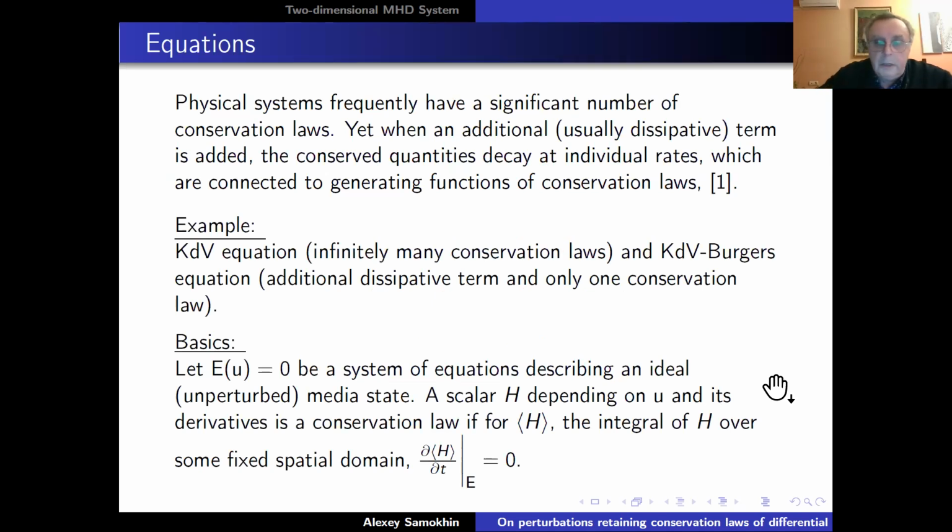First, preliminaries. A lot of physical models describe such a situation when the corresponding equation has a very strict form.